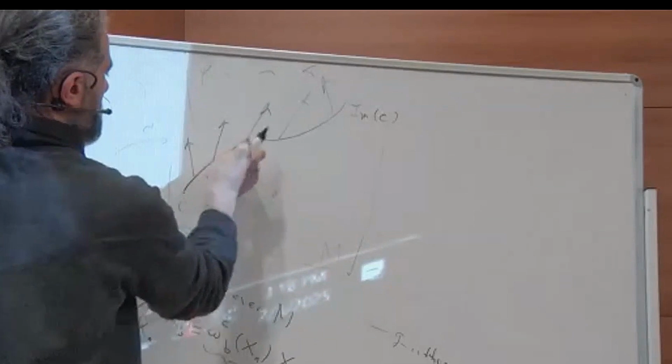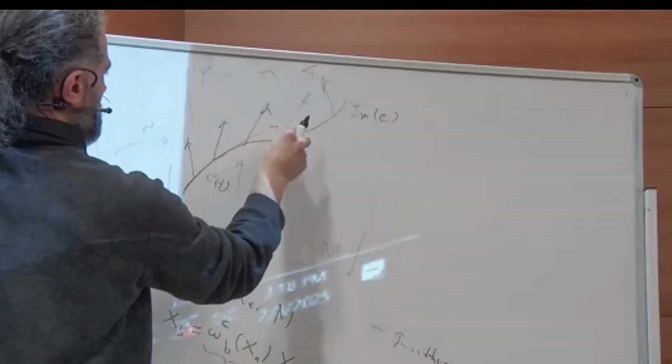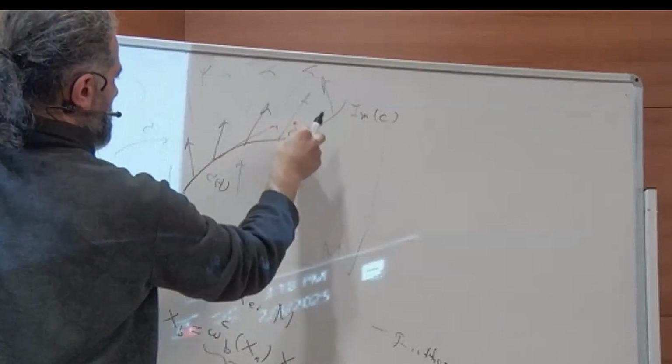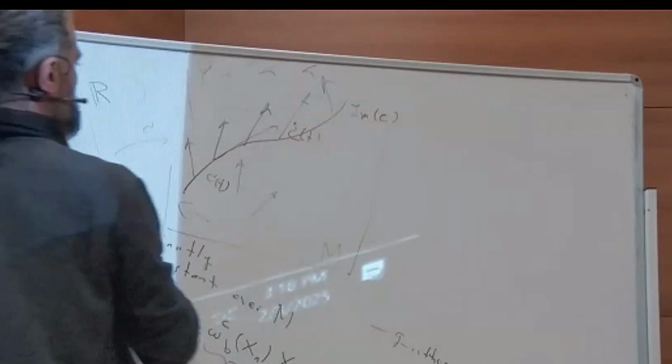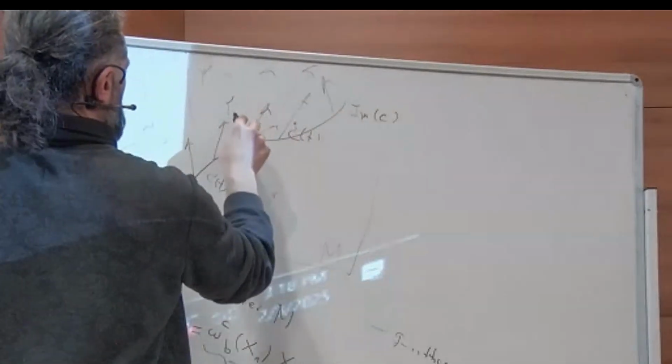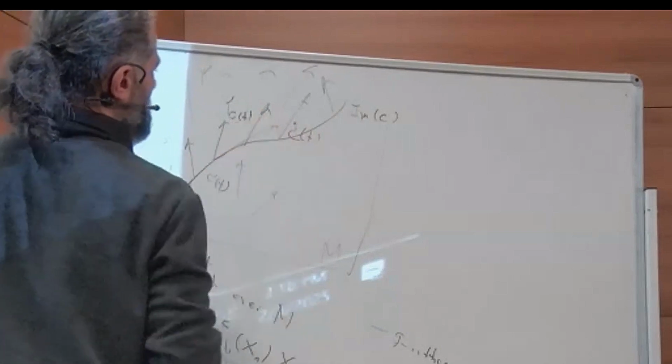Later on I will define what I mean by this: c-dot of t, the tangent vector at point c(t). So this is our Y at c(t).